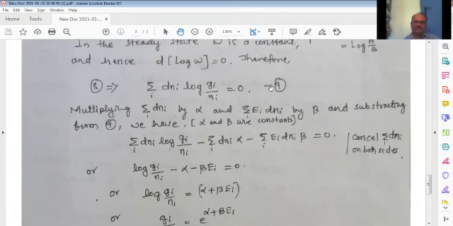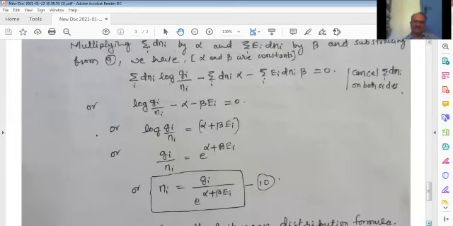So equation 9 becomes summation over i dNi log of Gi by Ni, minus summation over i dNi alpha, because summation over dNi is multiplied by alpha and it is subtracted, and similarly minus summation over i Ei dNi into beta is equal to 0.